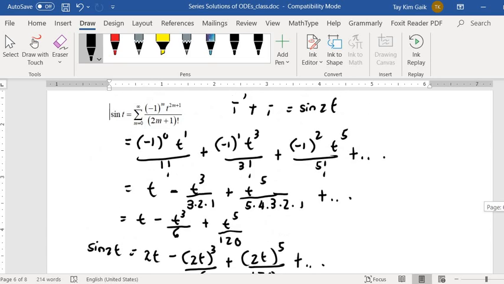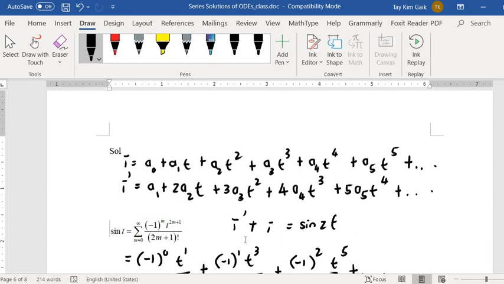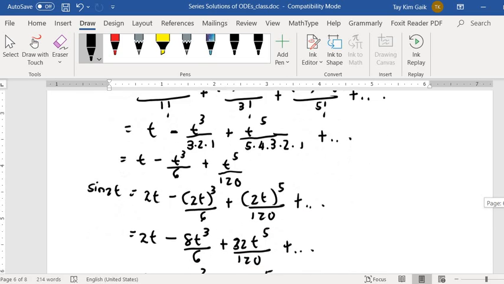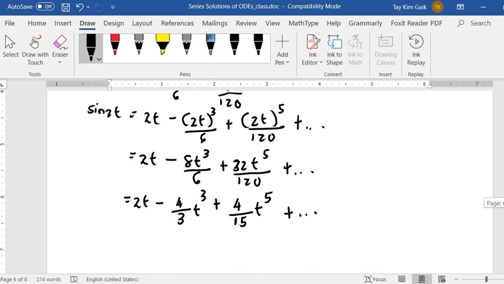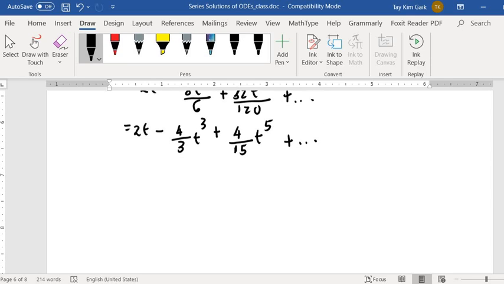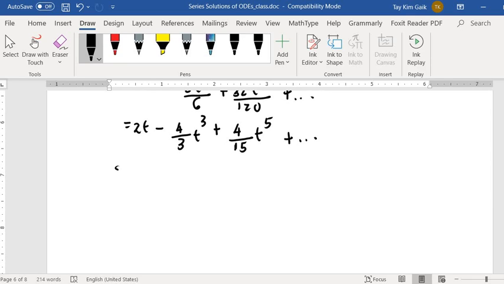Okay, now you replace y' by this, y by here, and sin 2t by its power series expansion, which is 2t minus 4 thirds t cubed, into your dy/dt plus y equal to sin 2t.